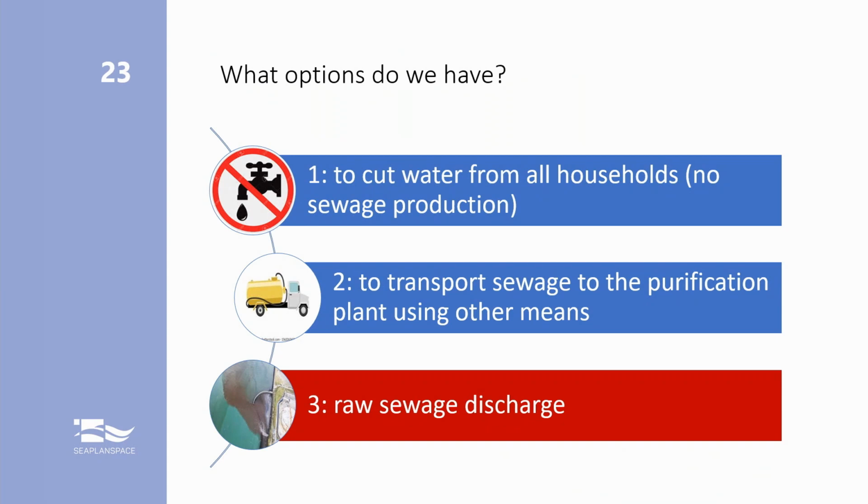So the third option, and the one that is most often used, is raw sewage discharge directly into the water body. Here in Poland, we had several such accidents recently, within the last couple of years, in different purification plants or pipelines of the purification plant.